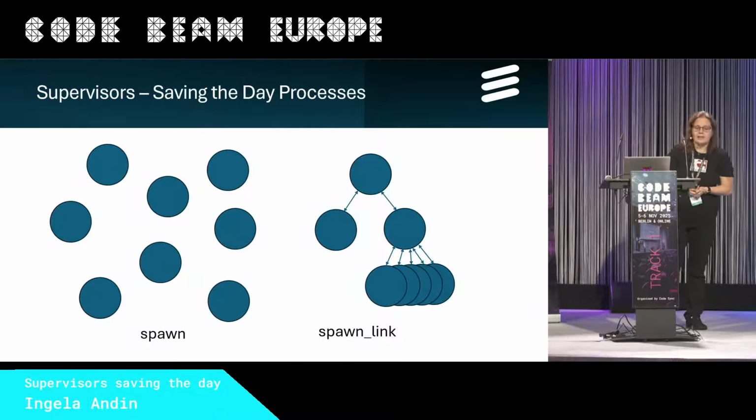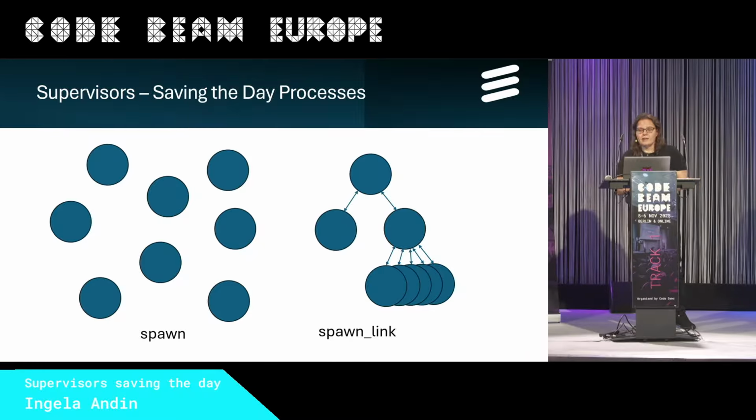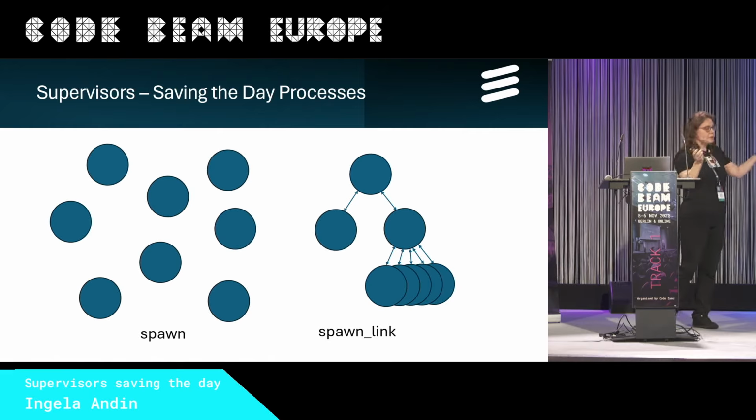So, as Erlang has lightweight processes as opposed to operating system processes, we can have many, many, many of them. But if we just spawn them, we have no control.